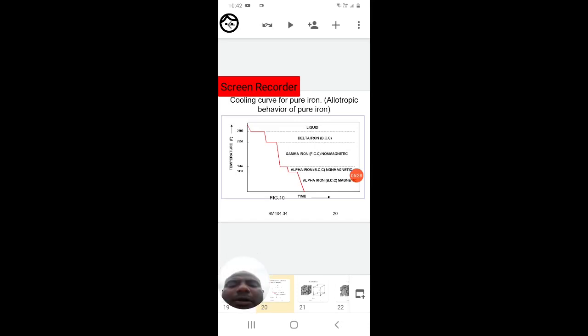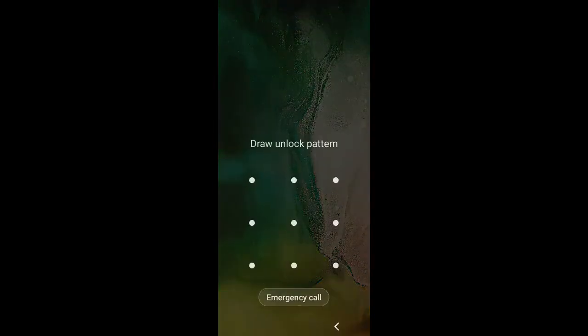That is polymorphism or allotropic form. Among the different types of iron, delta iron is an unstable form; at high temperatures it is not stable. The most stable form of iron is gamma iron, at the temperature range of 2554 Fahrenheit to 1666.